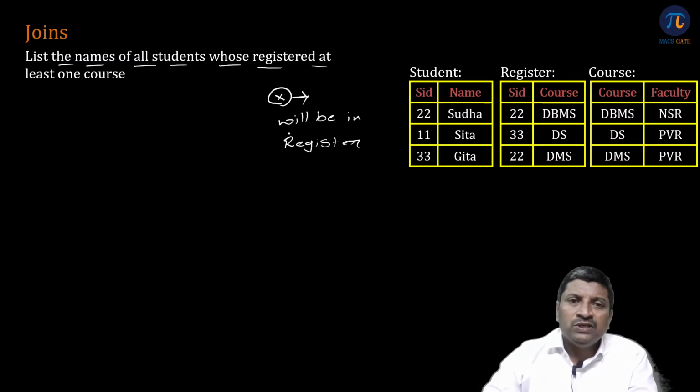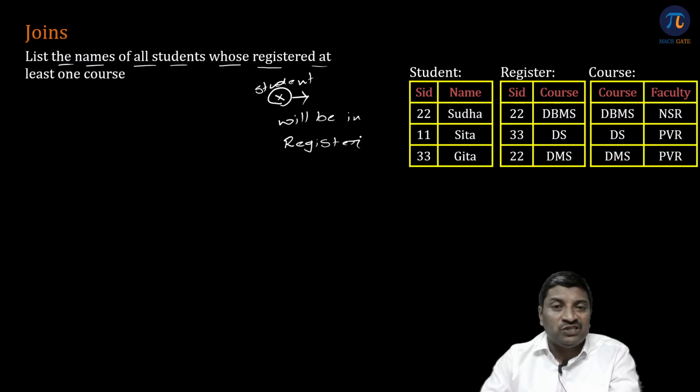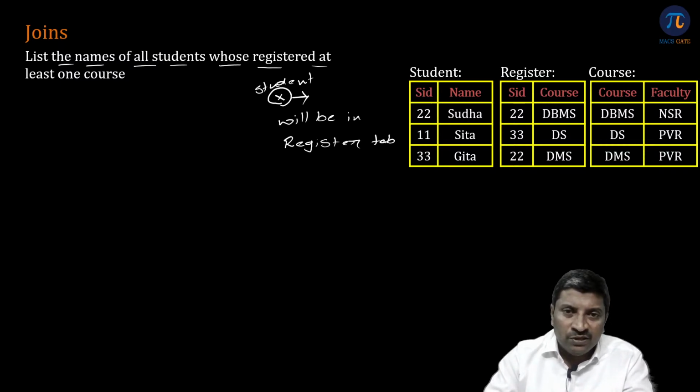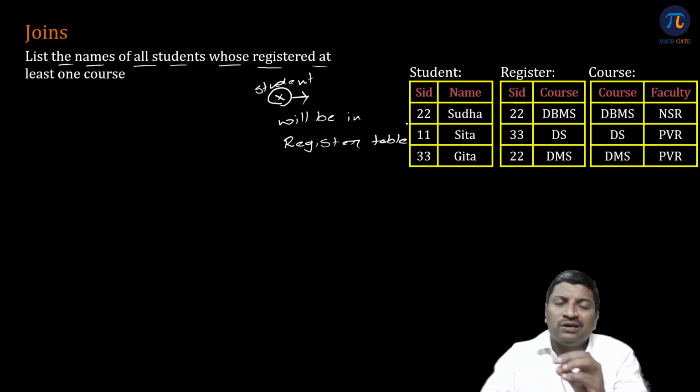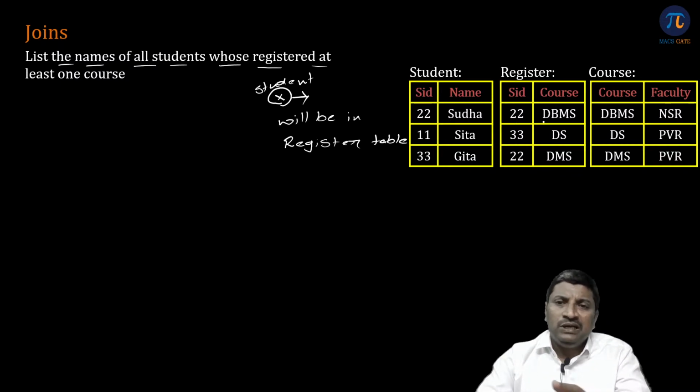One minute, sir. So suppose this is my student. Whenever he registered at least one course, surely his name will be in the register table. Suppose that particular student did not register any course, his name will not be in the register table. Even if X registered for 2 or 3 courses, his number will appear 2 or 3 times.